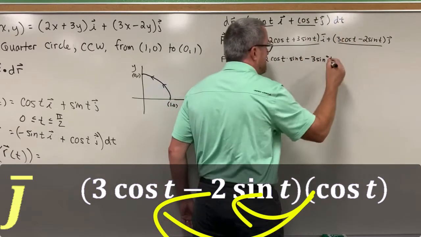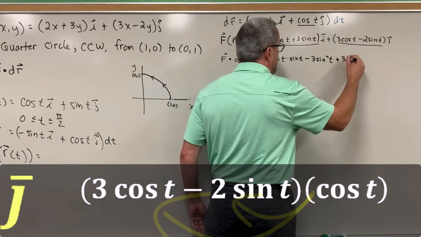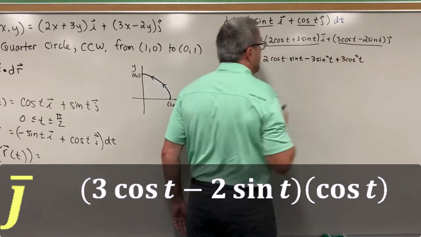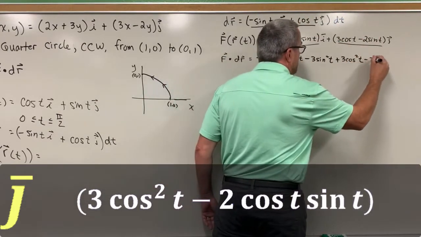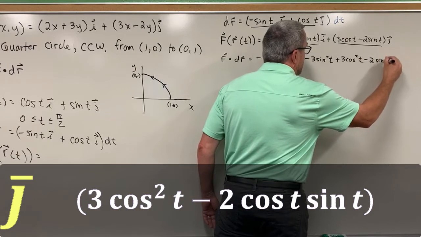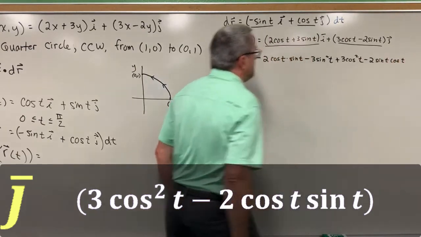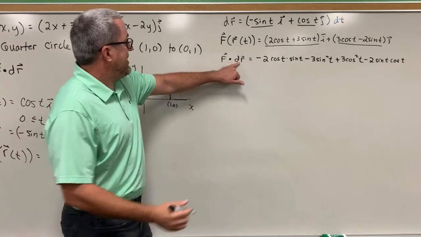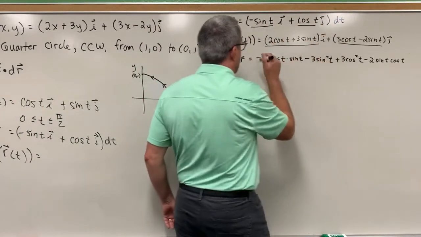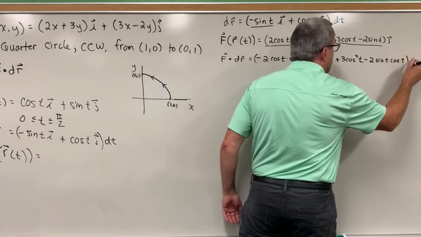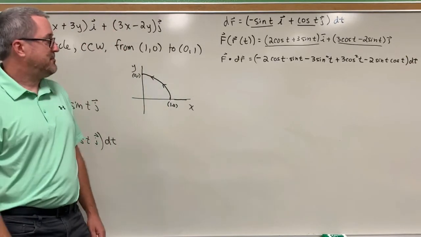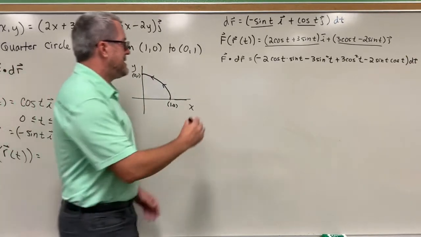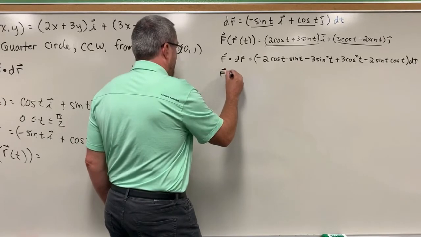Cosine of t times 3 cosine of t will be 3 cosine squared of t. And then cosine of t times minus 2 sine of t, minus 2 sine t cosine t. Now, remember, dr all got multiplied by that dt, so this whole thing has that differential dt attached to it as well.